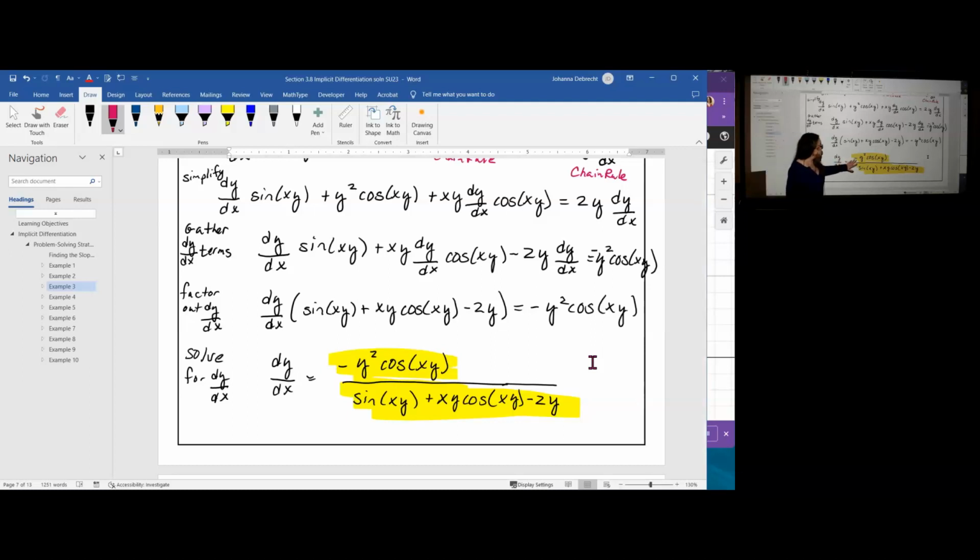And this will give you the derivative in implicit form, negative y squared cosine of xy divided by sine of xy plus xy cosine of xy minus 2y. Again, to actually find the slope of the tangent line, we would need both coordinates, not just the x coordinate.